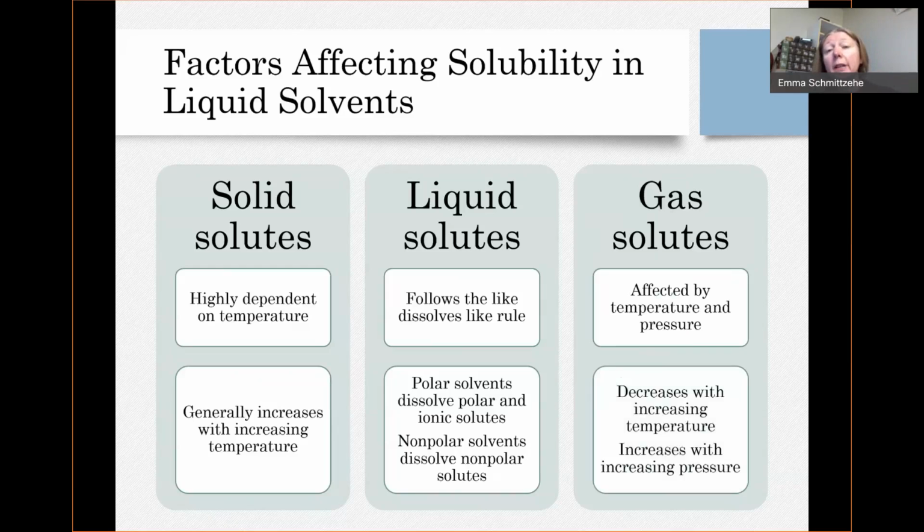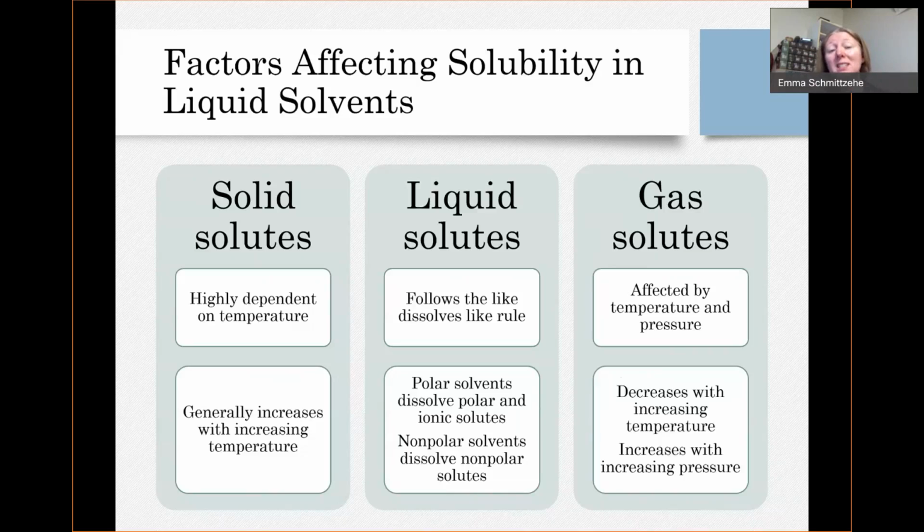The effect of temperature is that if we increase the temperature, the solubility of the gas actually decreases. That's because, again, increasing the temperature increases the kinetic energy, so everything in that solution is moving faster.